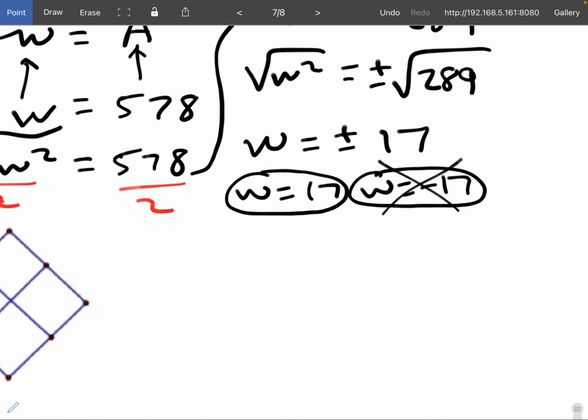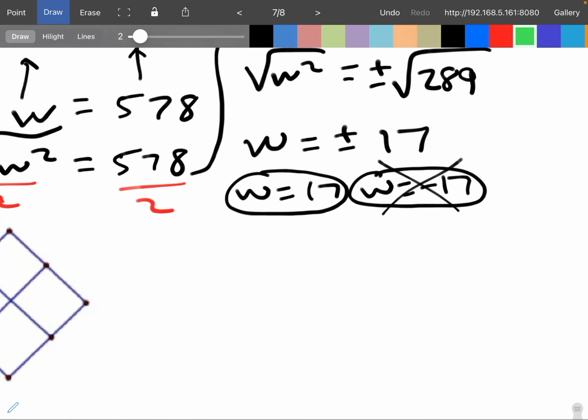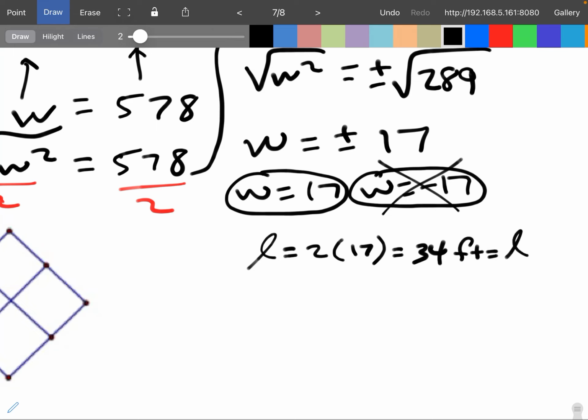The length is equal to 2 times the width, so 2 times 17. So that's going to be 34, right? And again, if the area was in square feet, then the length would be in feet. So that's our final answer.